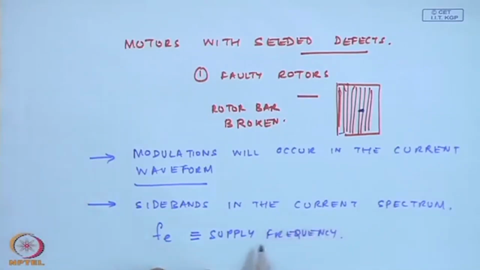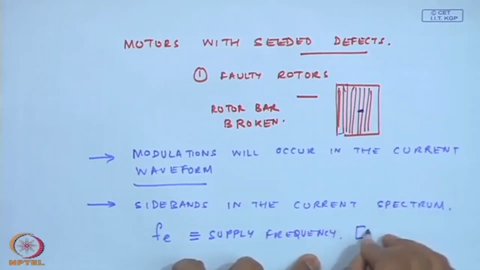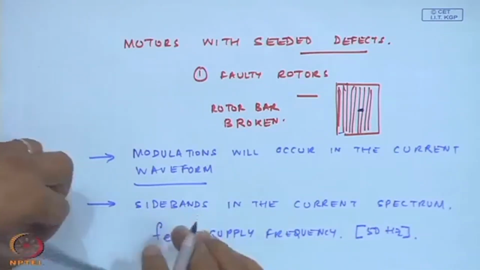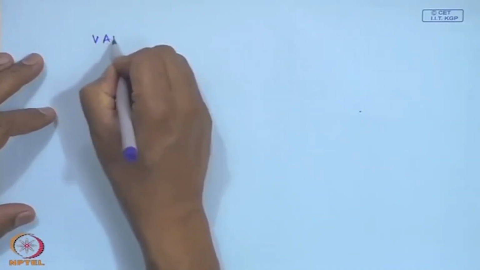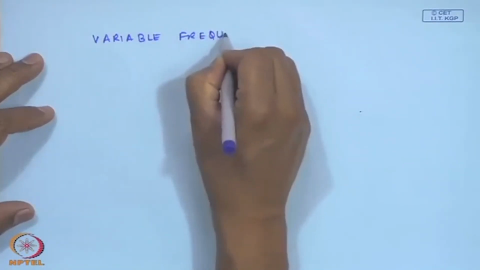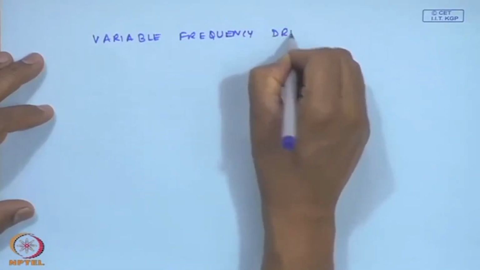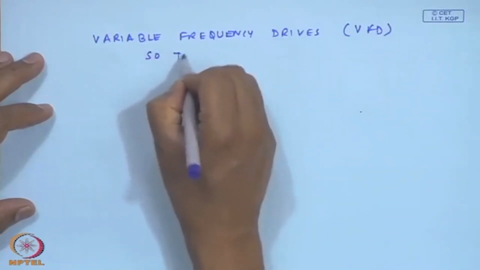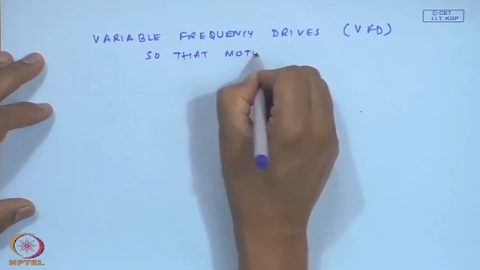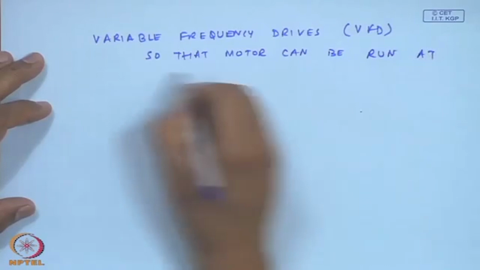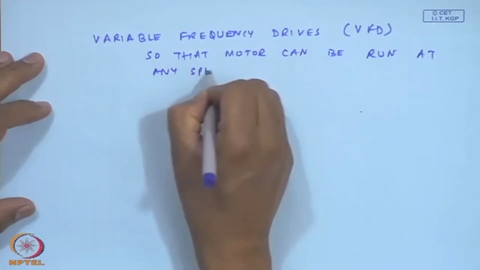By supply frequency, I mean supply frequency to the electrical motor, and typically in our country it is 50 hertz, but many of the motors nowadays use variable frequency drives, or what is known as VFDs, so that the motor can be run at any speed.